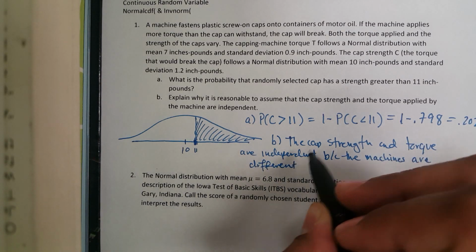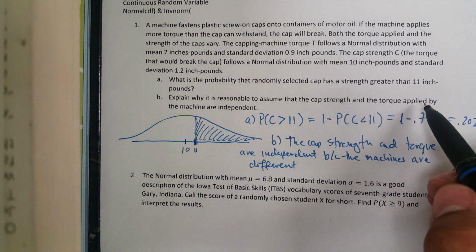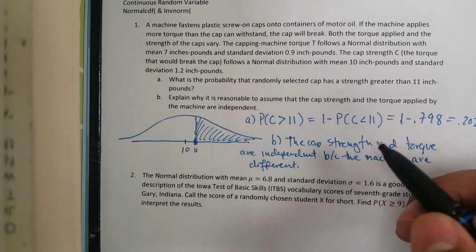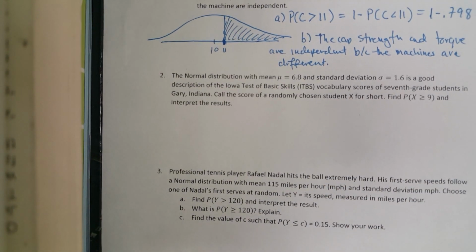So the machine that's applying the cap that has the cap strength is different than the machine that's applying the torque. So they're two different machines, okay? All right. Let me know if you have questions on that tomorrow.